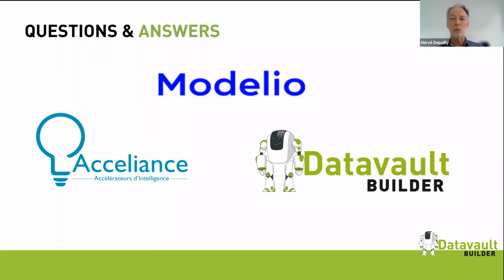What do you want to reach as an objective with this project? You will use different levels of detail, but the object is still unique. There is only one description in one place of the object. Okay, so you don't need to integrate different tools. You have everything in the tool, but you show it or you don't show it depending on what you want to do with your tool.